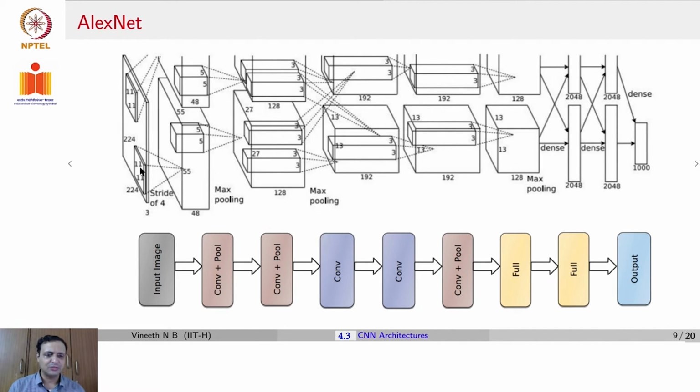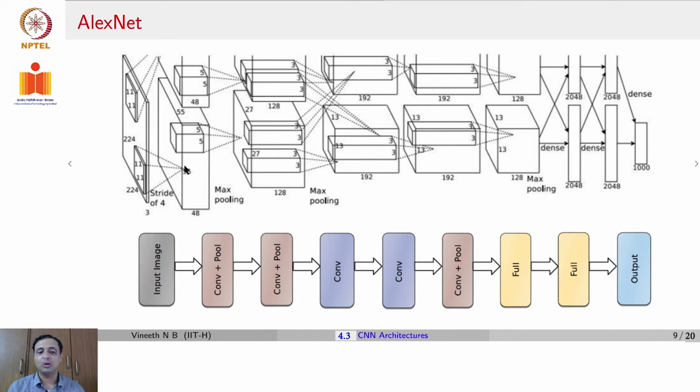Let's look at least the first layer's numbers once more, and you can perhaps work out the remaining layers based on the principles that we talked about in the first lecture this week. So 224 cross 224 cross 3, 11 cross 11 was the size of the filter, and then you have a stride of 4.